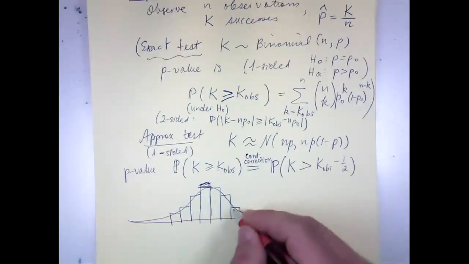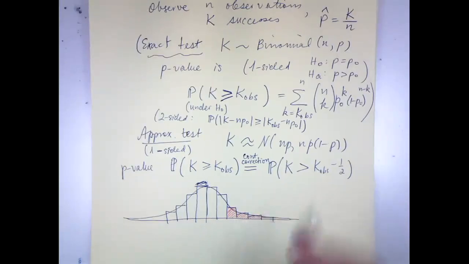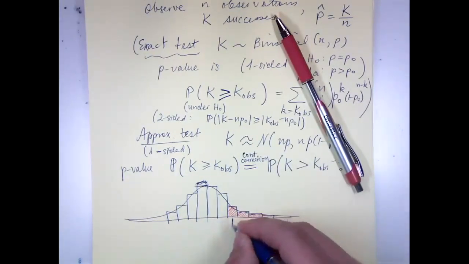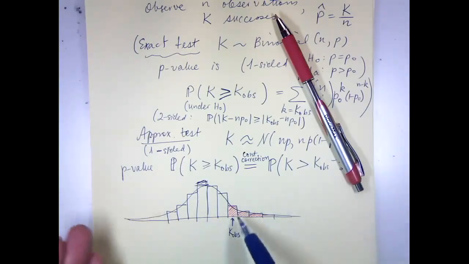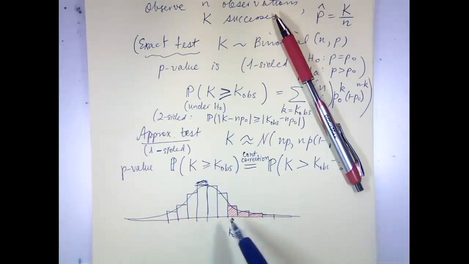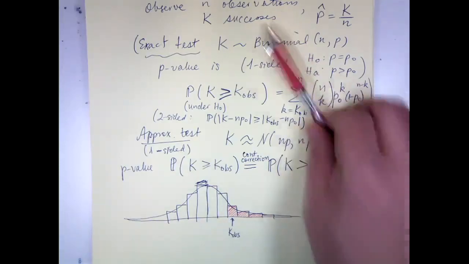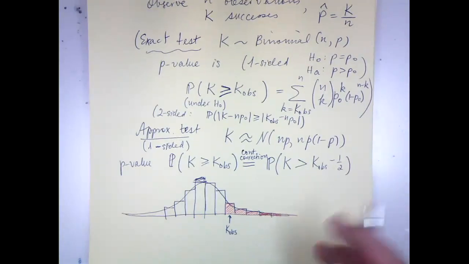If this is k observed, k observed is actually sort of in the middle of this histogram. Because the histogram is well approximated by the curve, that means we should make the histogram boxes centered on the corresponding points. That's kind of the closest approximation. This is heuristic, but it tends to be true in most cases. It's sometimes not true very far into the tail, but it's mostly true. So you get a better approximation.